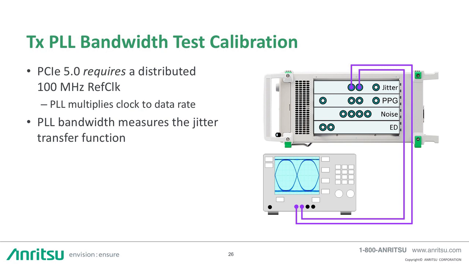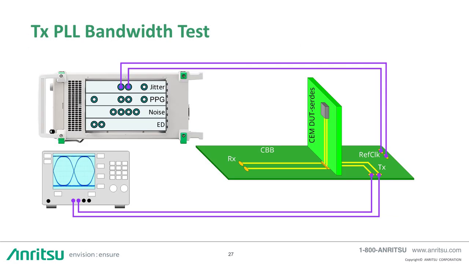An oscilloscope is used to calibrate the applied sinusoidal jitter amplitudes at frequencies that span the phase lock loop roll-off. The idea is to apply calibrated amplitudes of sinusoidal jitter at frequencies that span the specified PLL roll-off frequency and measure the DUT transmitter output jitter.